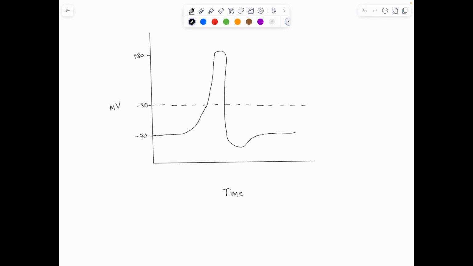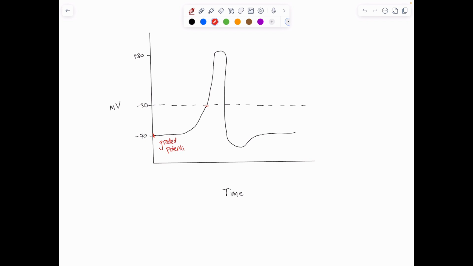I know this graph isn't perfect, but just pretend that this is a normal action potential. To start, we just need to understand a couple terms. If we draw this right here, that would be a graded potential.